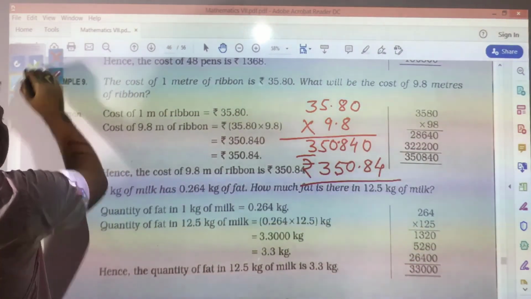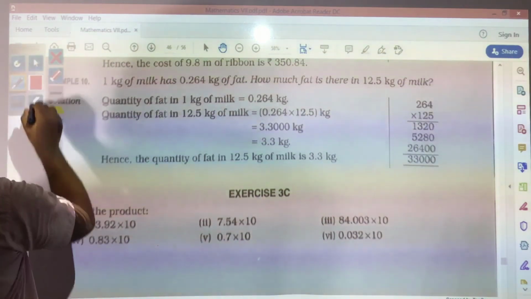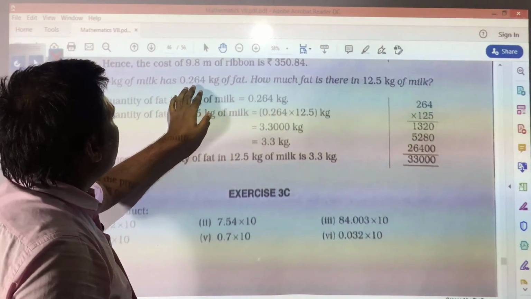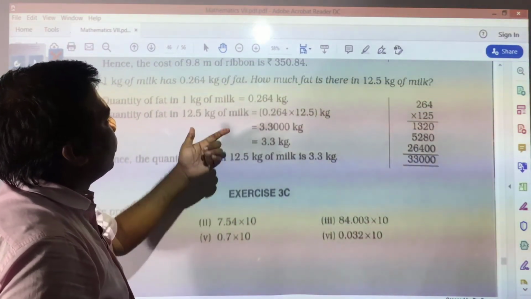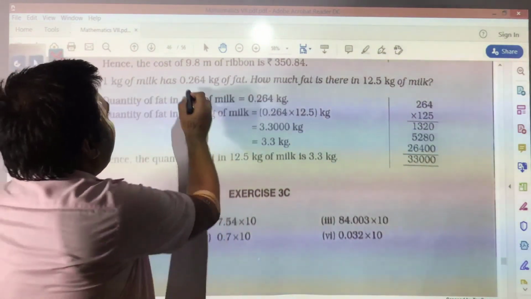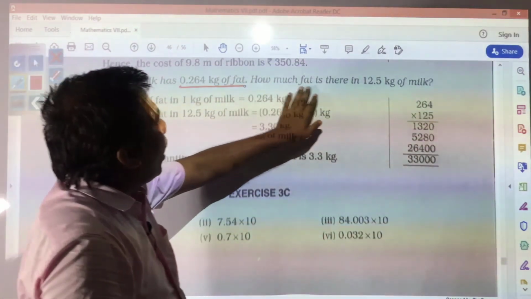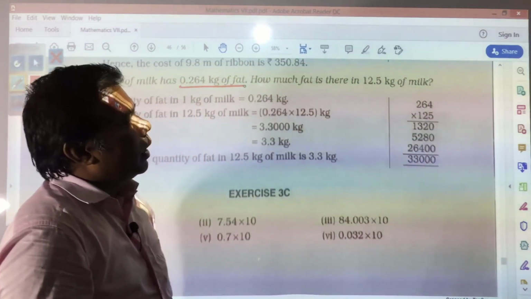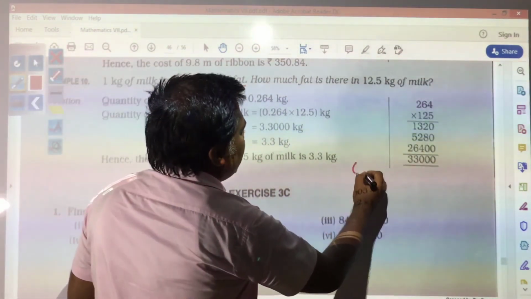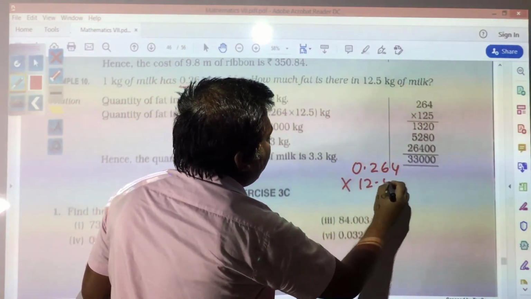Next you see, one kg of milk has 0.264 kg of fat. Suppose you have 1 kg of milk and in that you have 0.264 kg of fat. How much fat is there in 12.5 kg of milk? Again the same thing is required to be done. You need to multiply 0.264 into 12.5.